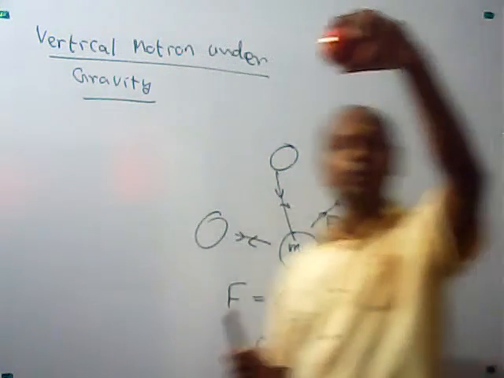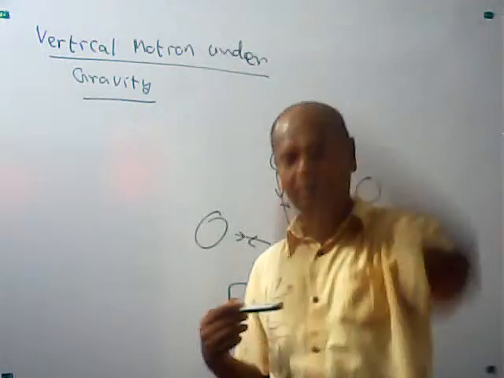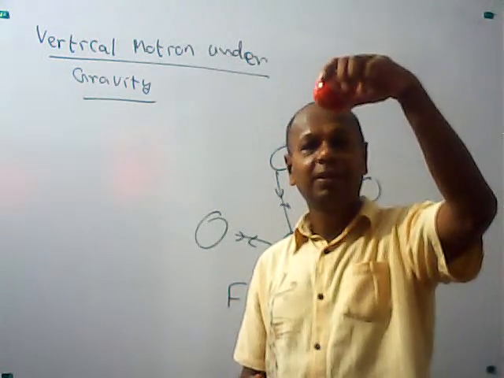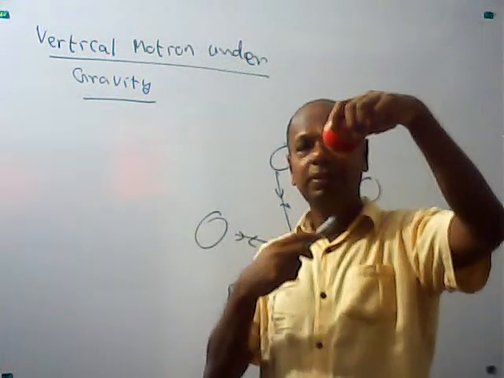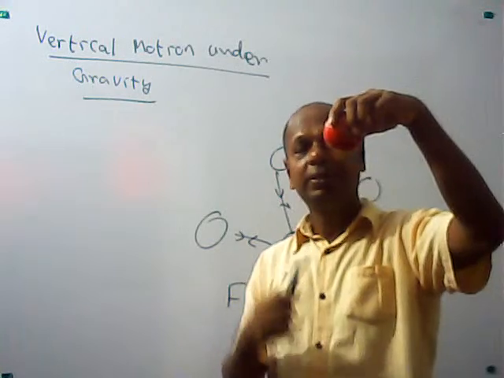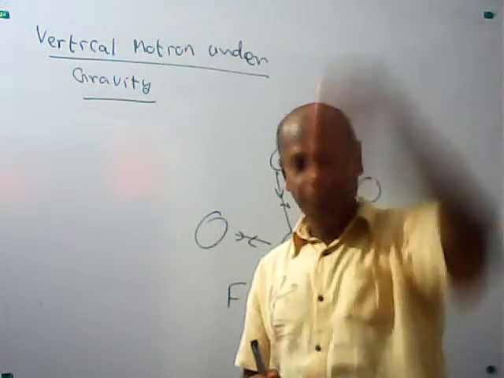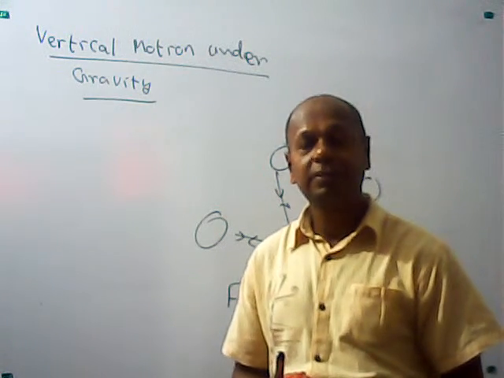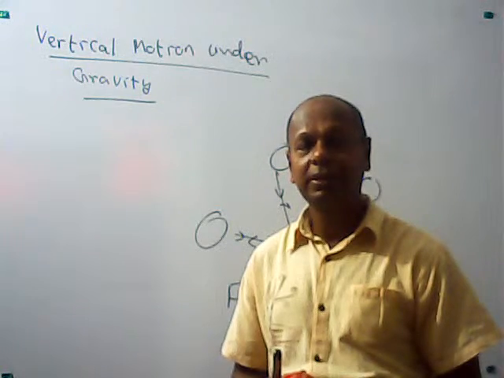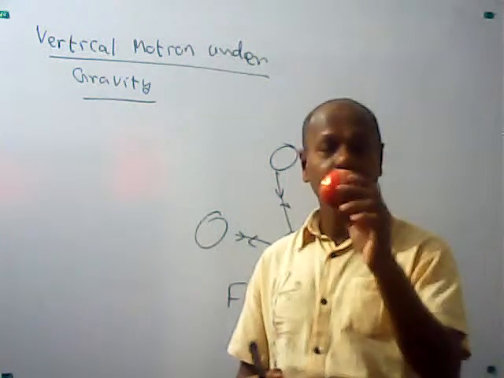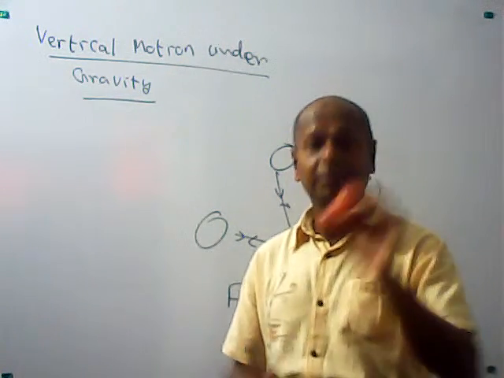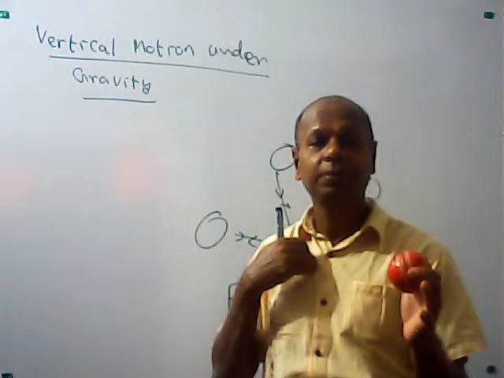Now when I release this, why does it go to the ground rather than coming towards my body? There is an attraction towards me also, but it doesn't come towards me. It goes towards the center of the earth, vertically downwards, as you said. That's because the earth's mass is enormous compared to my mass.